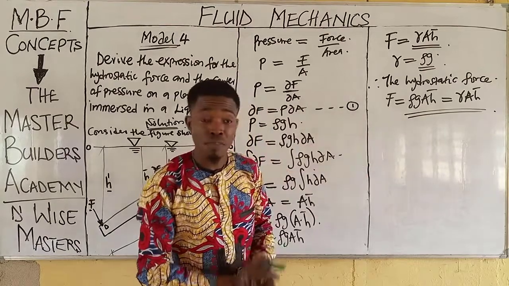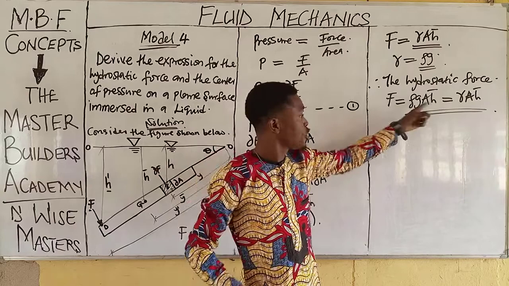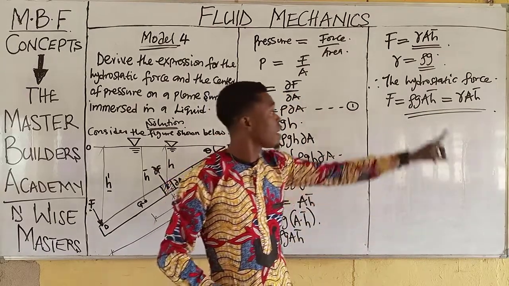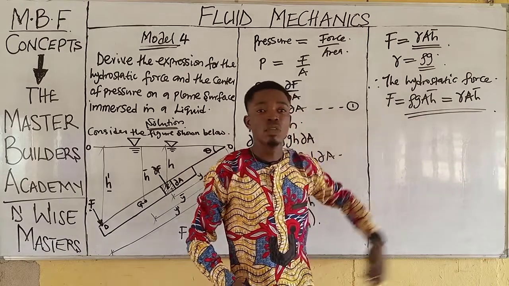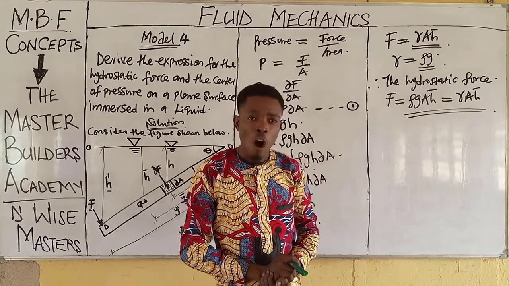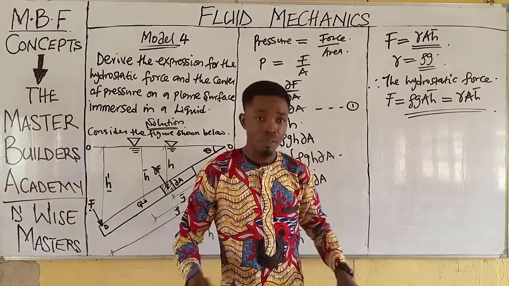F is the hydrostatic force, rho is the density of the fluid, g is acceleration due to gravity, A is the area of the section, and h bar is the center of gravity of any section that you are given.